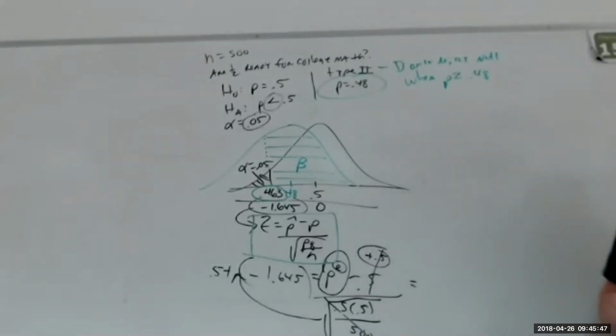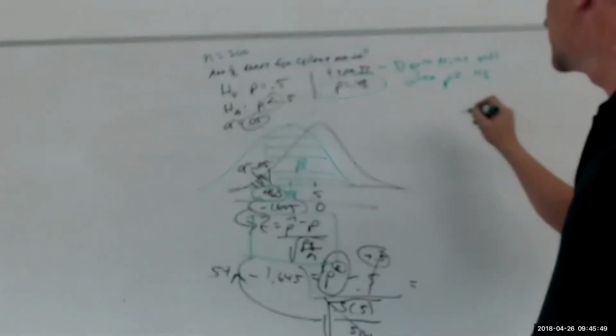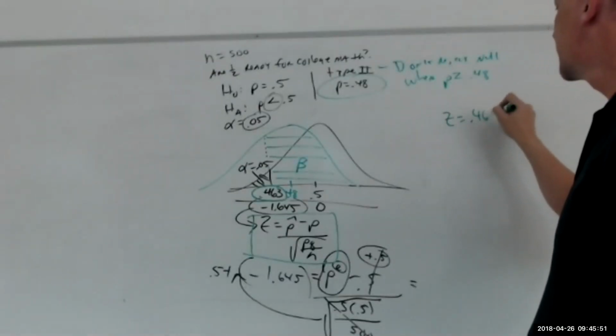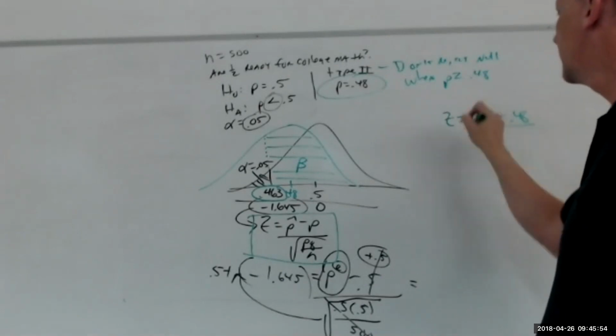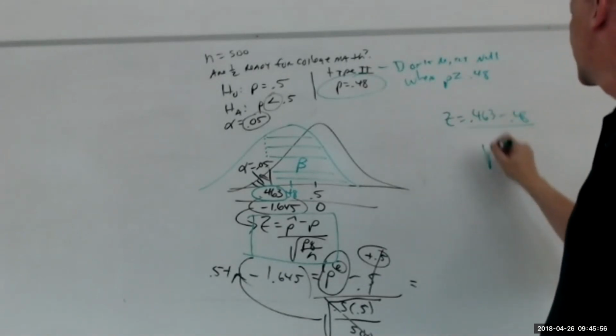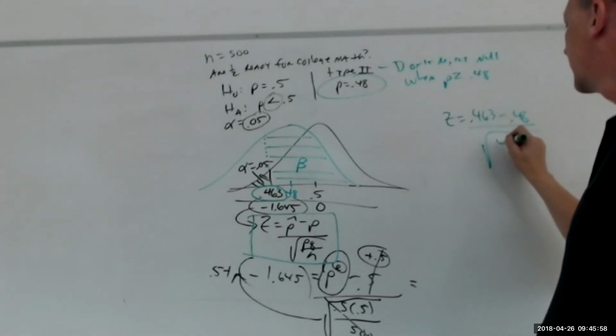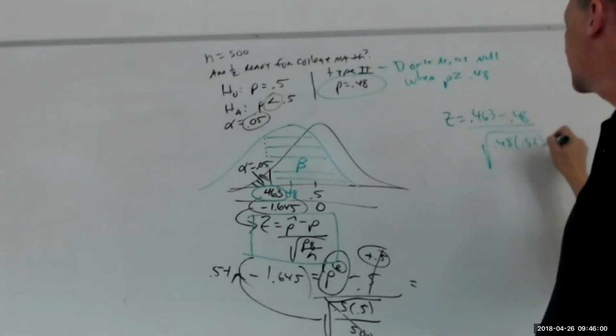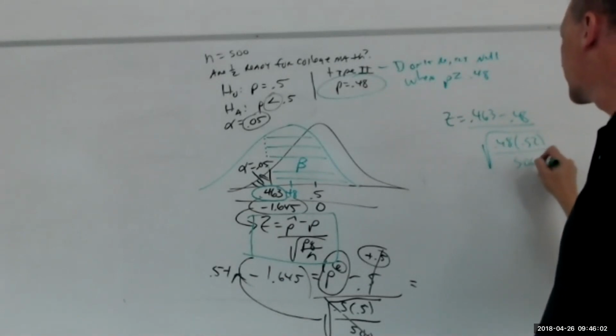0.463 minus 0.48, divided by the square root of 0.48 times 0.52 divided by 500.